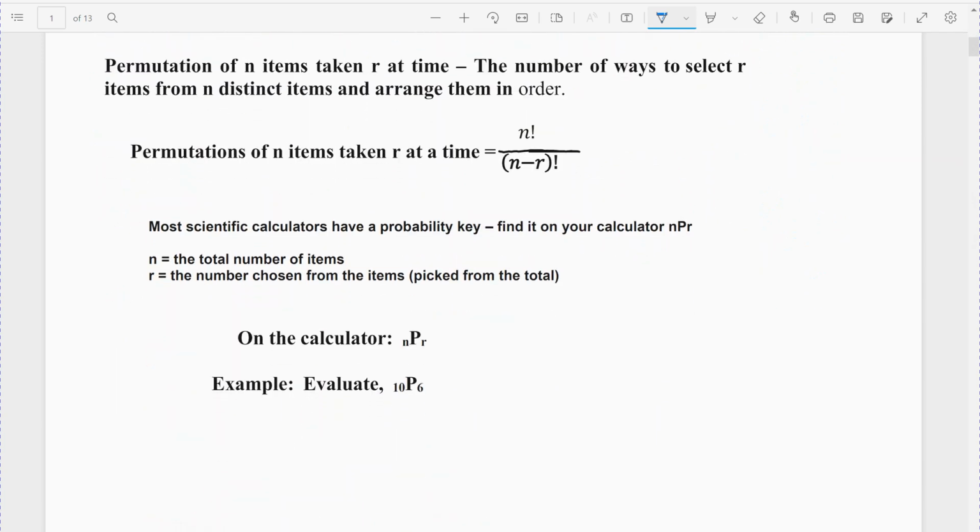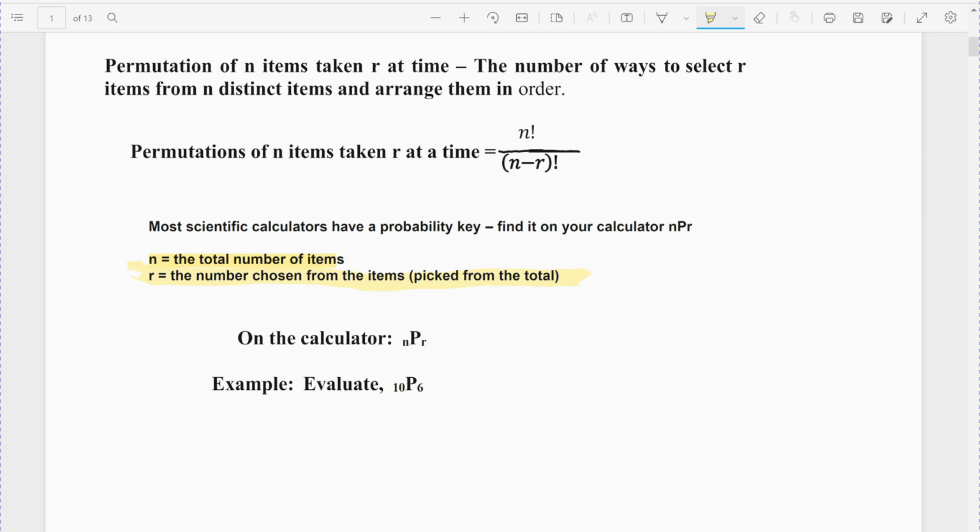Suppose, instead of picking all of them, we're only going to select a group of them. So we start with n, which represents the total number of items. But instead of rearranging all of them, we're only going to pick a small group of them to rearrange. In this case, we don't go all the way to 1, we stop at a certain number.